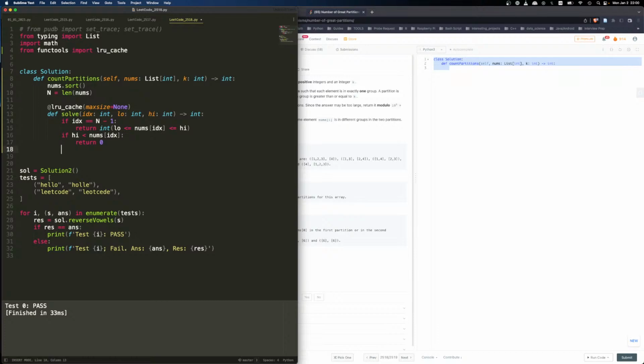If I take my index, yes, we have to take it, because I say it must be from index to the end. So we take the index, and we have the remaining, right? So we just need to say solve index plus 1, low will be 0 and then low minus nums index, and high minus nums index.